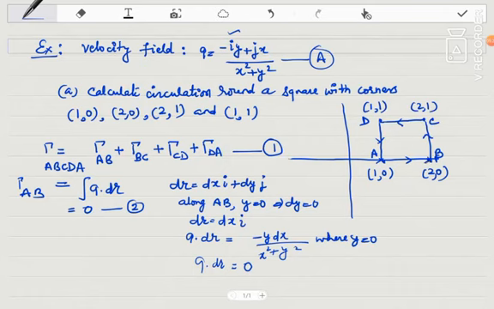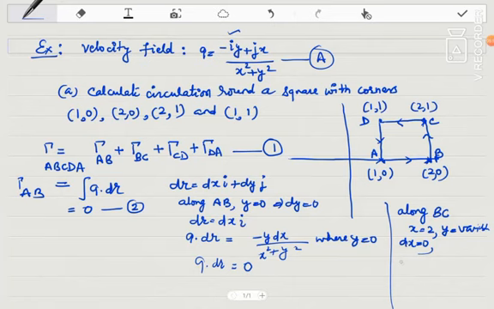When you go for BC, what are x and y along BC? Along BC, x is equal to 2 and y is variable. So dx is 0, and because y is variable, dy exists.